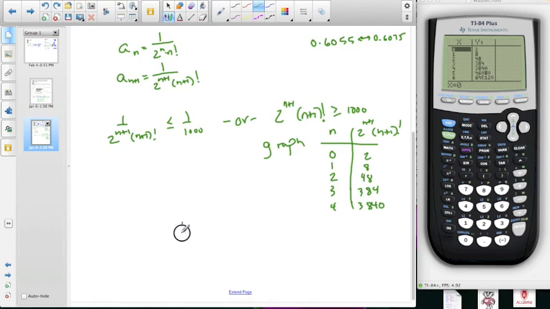So when n equals 4, then the remainder is 1 over 3,840. Okay, so what that means then is this is the partial sum we need to get to.